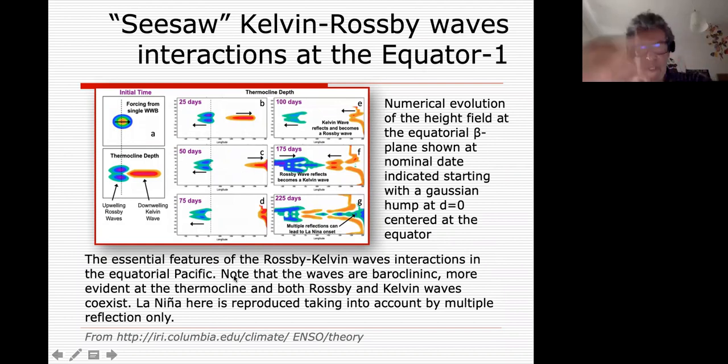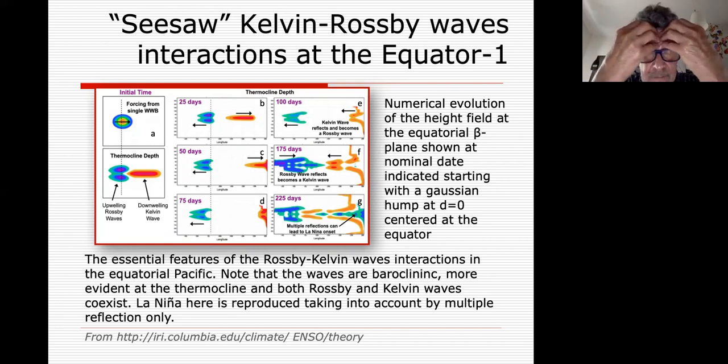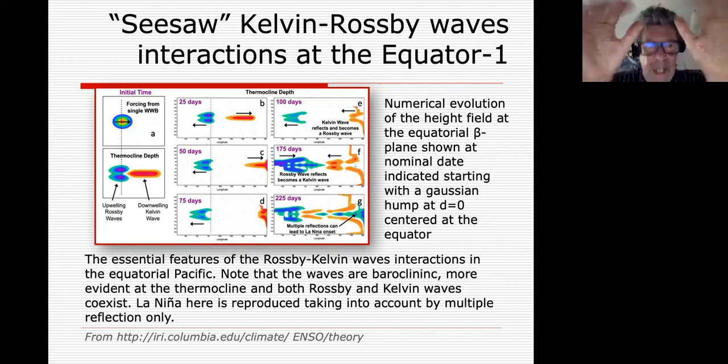And we'll see in the next slide the evolution of the H, the thermocline depth, in an idealized system where a Gaussian hump in the thermocline is exerted by an external forcing.